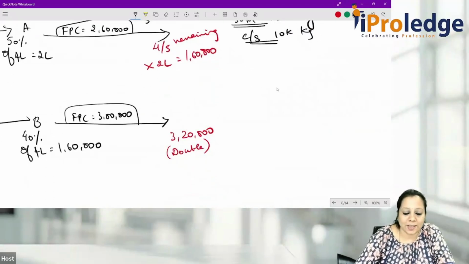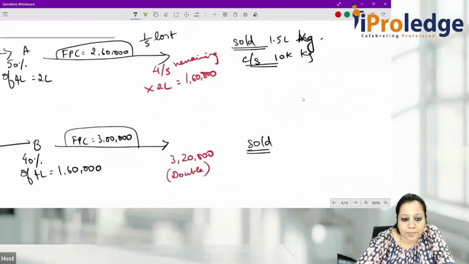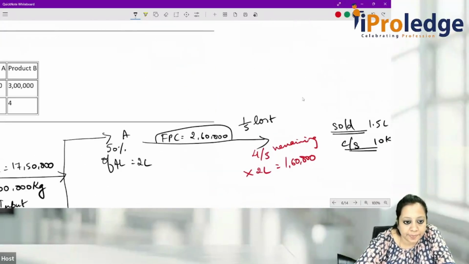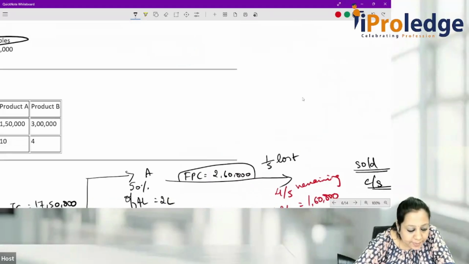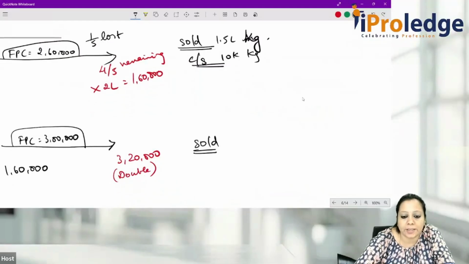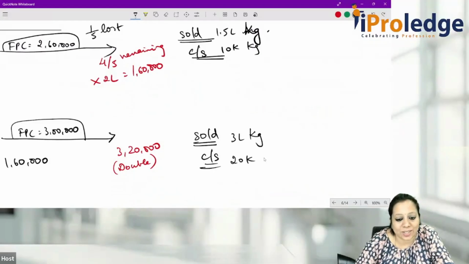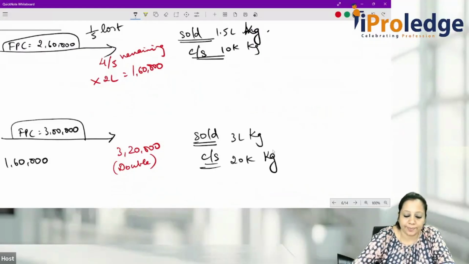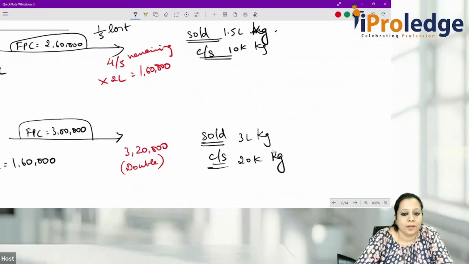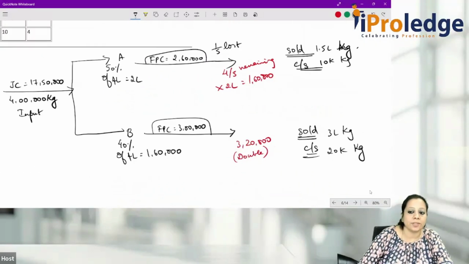Next one, here how much is sold, students? Given in the question. 3 lakhs. Right? So 3 lakh is sold and closing stock is 20,000 kgs. That's it. So if anyone wants everything on the same screen, I've just reduced the font.